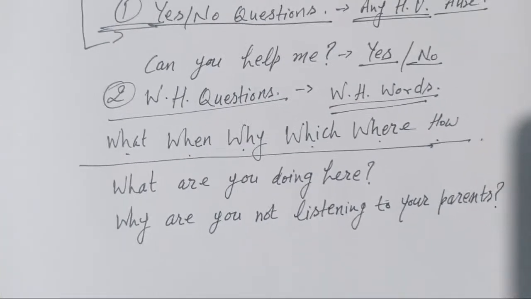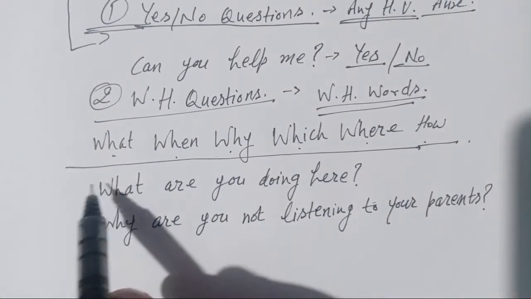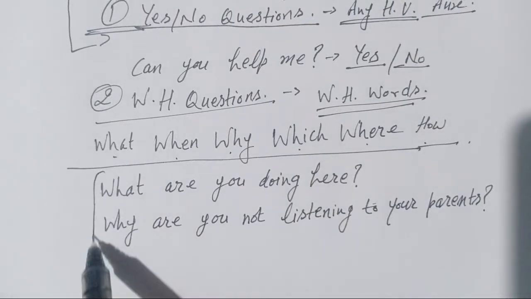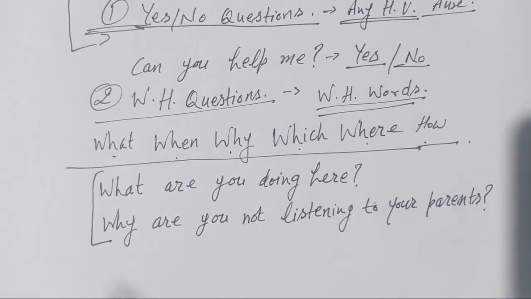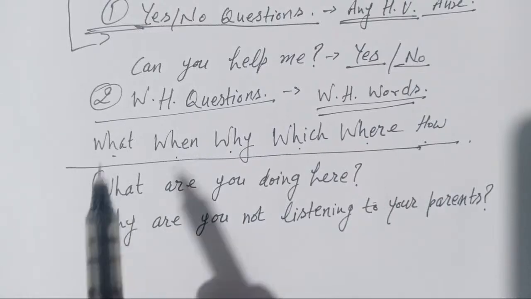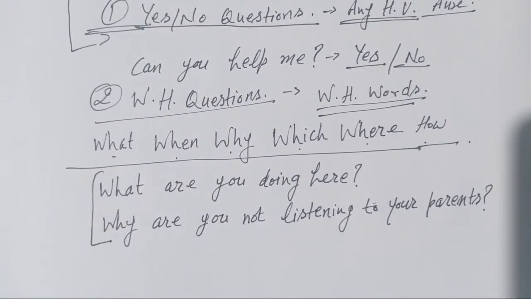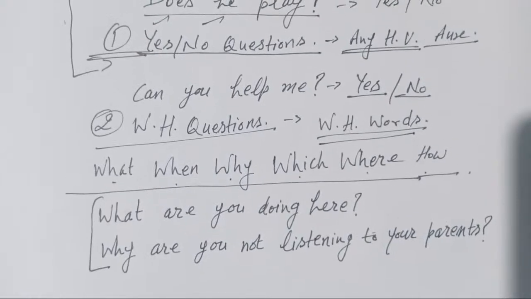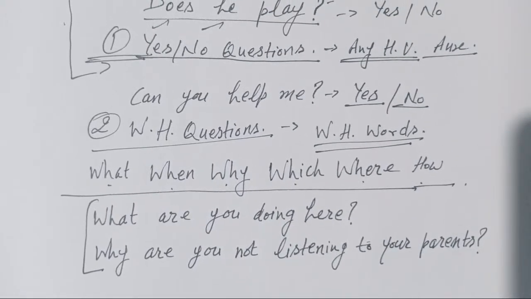Okay, so these type of questions are known as WH questions. So we have two types in interrogative sentences. One is yes no questions and second is WH questions.